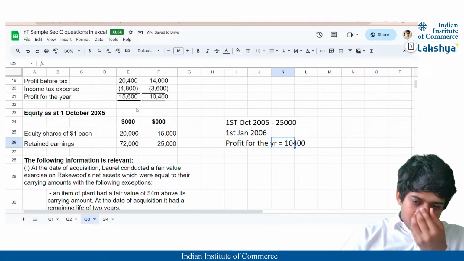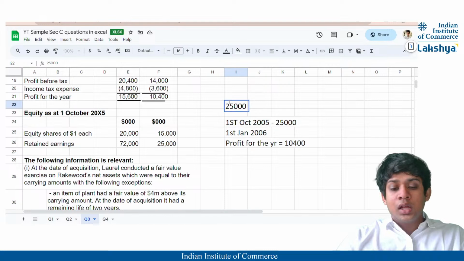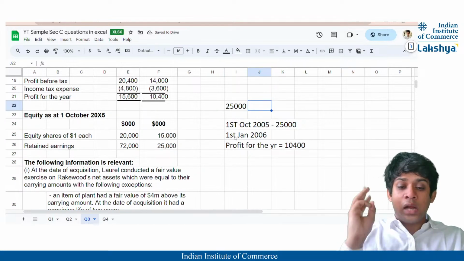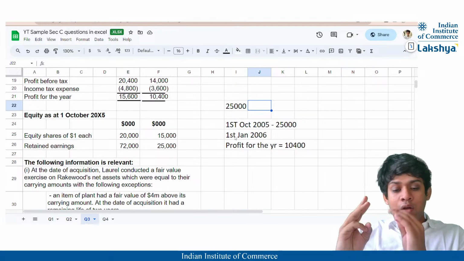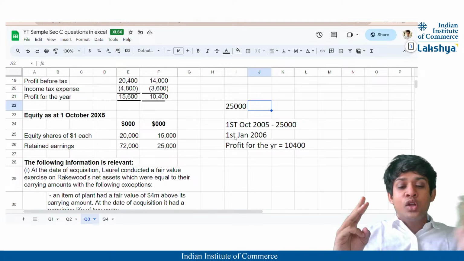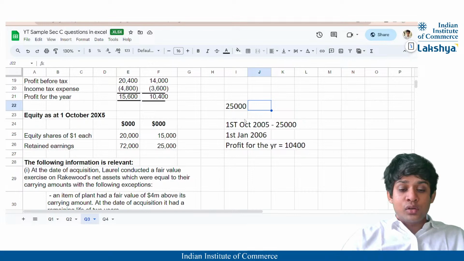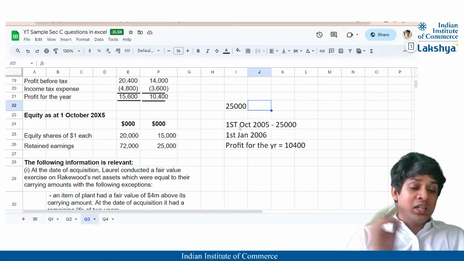Okay. At 1st October, it was 25,000, correct? To this, for pre-acquisition, the 3 months will also be October, November and December, right? Because after this, on 1st January it was acquired. So after that it will have post acquisition, right? And pre-acquisition is 25,000 plus the first 3 months, where the subsidiary company was not acquired, right?